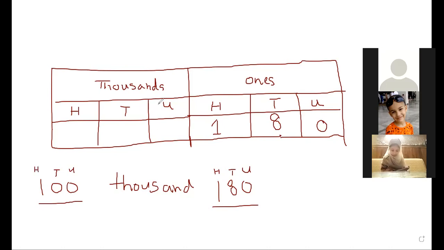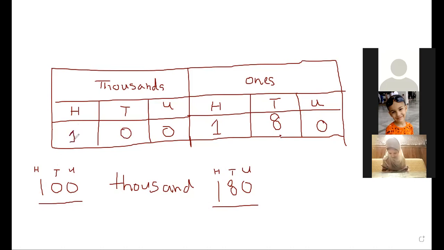So under thousand, how many units do I have? I have 0 units. So what do I write under it? 0. Now in thousands, what am I going to write under 10? I am going to look at my value. I have 0. So what am I going to write here? 0. And in hundreds, how many hundreds do we have? 1.